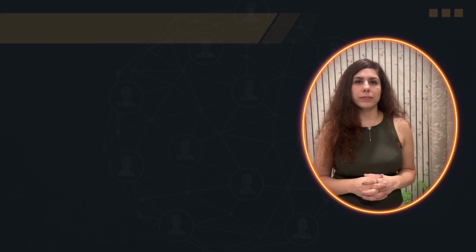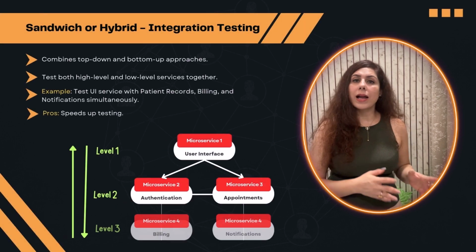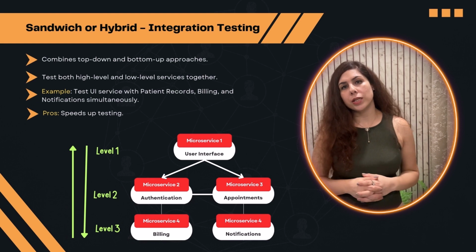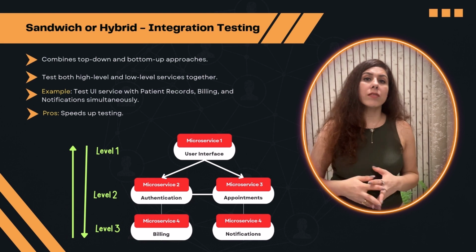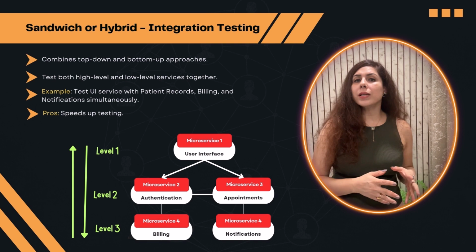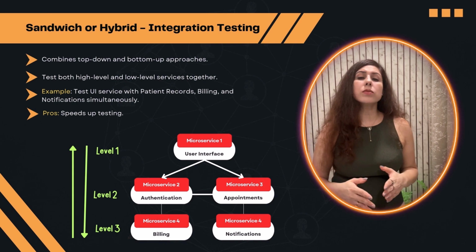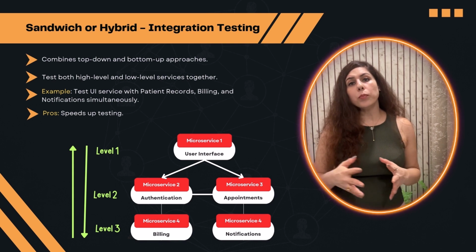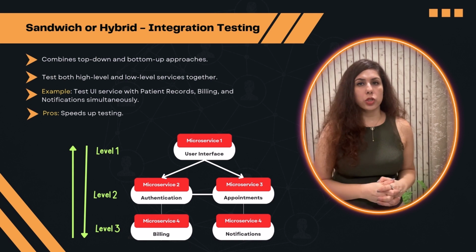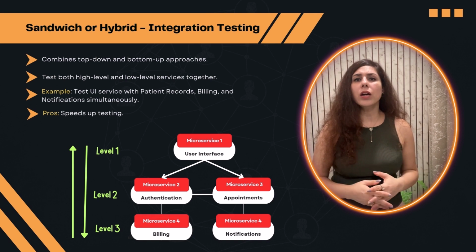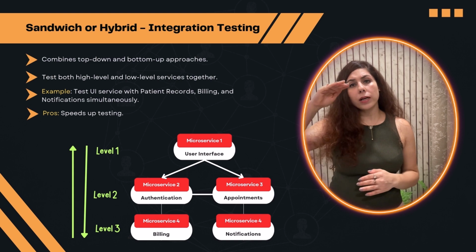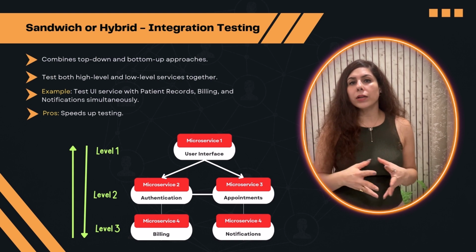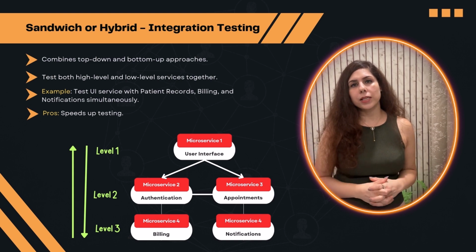Now, let's talk about sandwich or hybrid integration testing, which is the next level of integration testing. Hybrid integration testing combines both top-down and bottom-up integration testing approaches. It's like testing from the middle, where higher and lower modules are integrated and tested simultaneously.